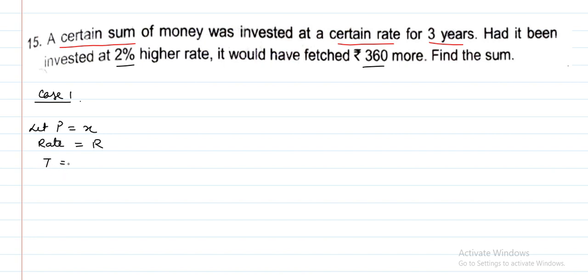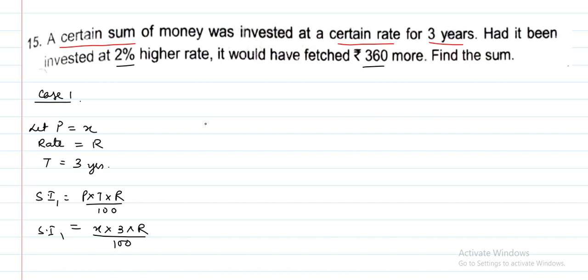Time is 3 years. So what will be the simple interest? We will write simple interest 1, SI1, is equal to P into T into R by 100. P is X, T is 3, rate is R by 100. So this is our SI1.